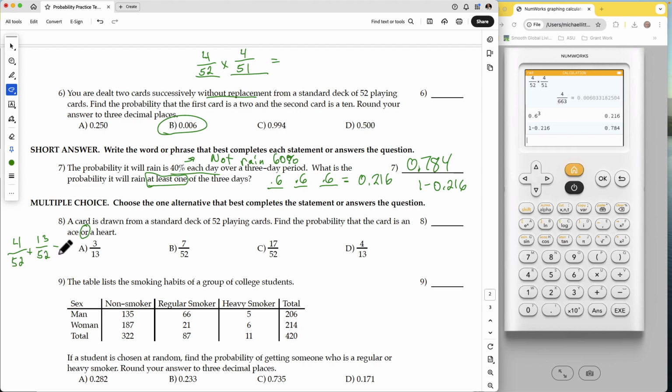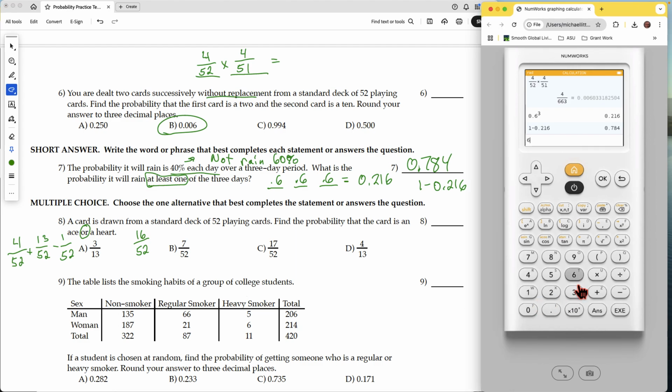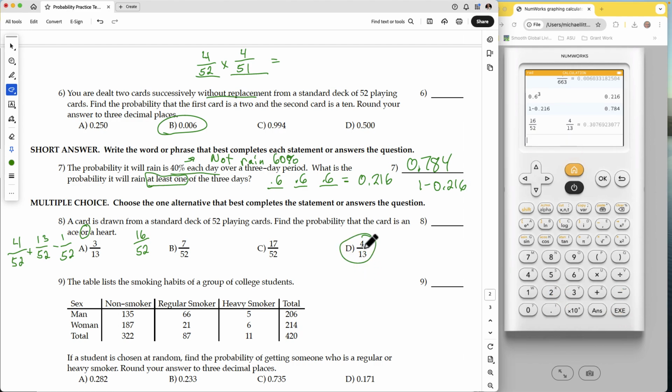But we have to remember to subtract off the heart that is an ace, the ace of hearts, right? Because that got counted twice in both of these. So we subtract 1 out of 52. That's 17, or 17 minus 1 is 16 out of 52. You don't see it here because it will reduce. 16 divided by 52 reduces down to 4/13, which is this answer right here.